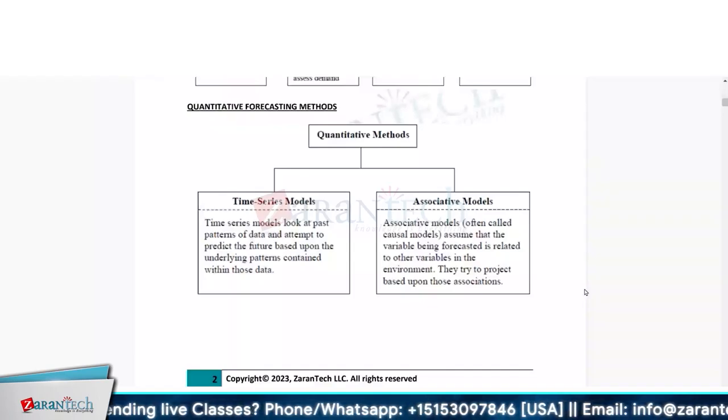Now, when we try to work out the forecast for the month of September, we will consider August, July, and June, because we are talking about a moving average. So the months over which we average are also moving along with the months that we are moving in. Okay. That's why it is called a moving average.